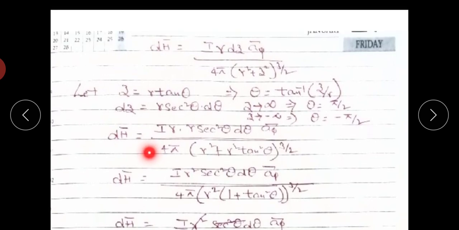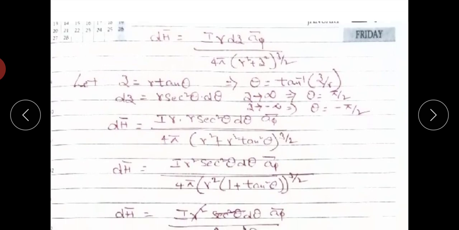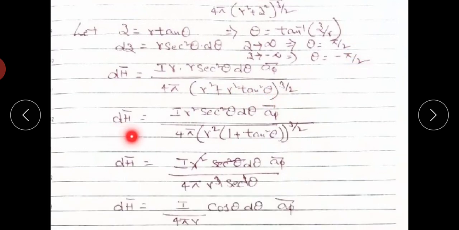So dH bar equals to I into R, dz equals to R into secant square theta into d theta into A pi bar divided by 4 pi into R square plus Z square, where Z equals to R into tan theta, so Z square equals to R square into tan square theta, whole power 3 by 2. So dH bar equals to I into R square secant square theta into d theta into A pi bar by 4 pi into, by taking R square common, R square into 1 plus tan square theta whole power 3 by 2.